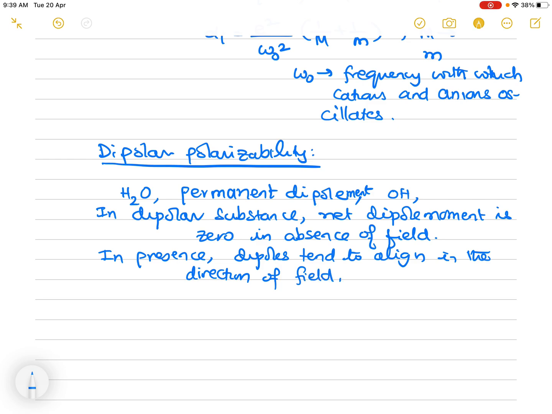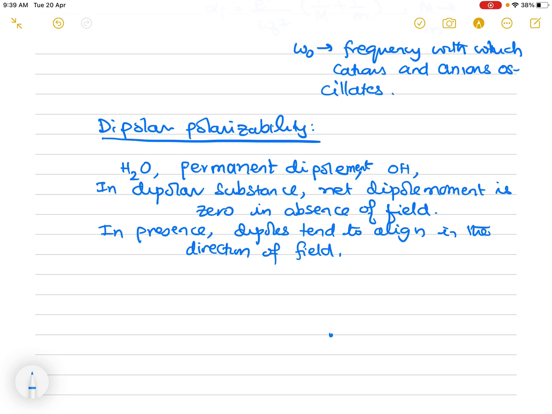We know that there is a positive and negative charge, and when it is placed in a uniform electric field, they tend to rotate in a plane. This gives rise to a torque that is perpendicular to the plane of these two charges. The torque acting on this dipole will be R cross F.